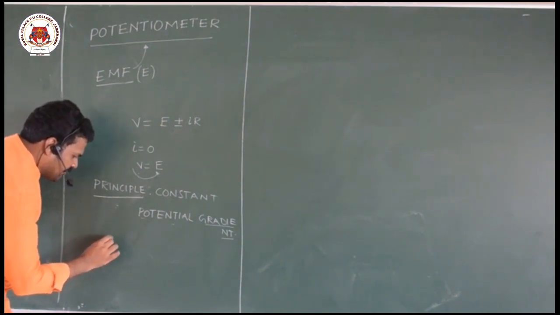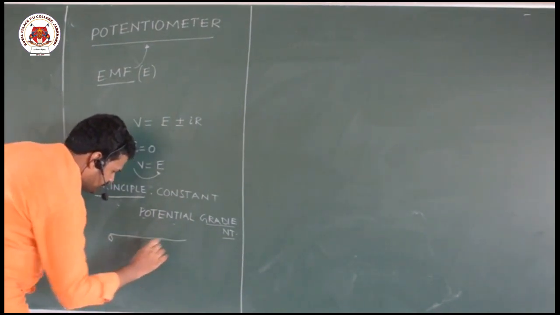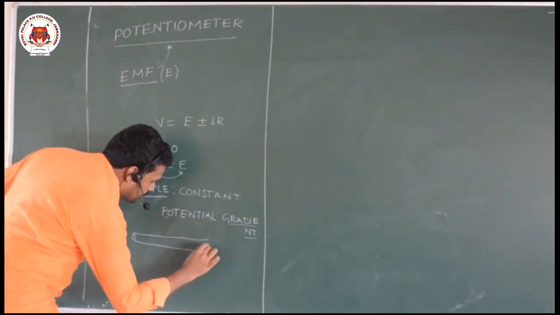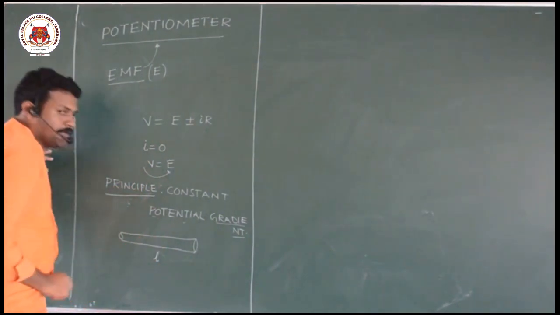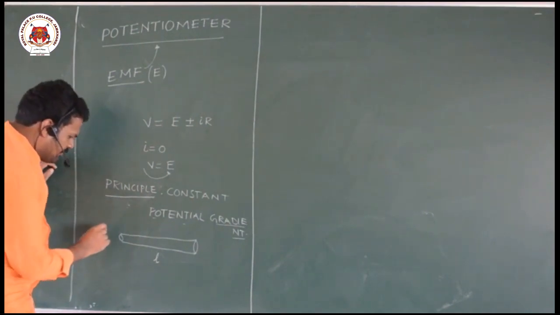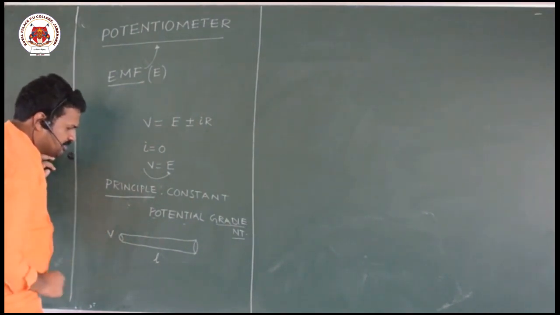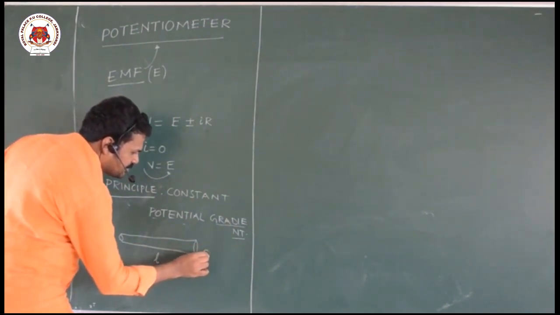Suppose you consider a uniform wire of length L. One end you maintain at a potential V, the other end at a potential 0.